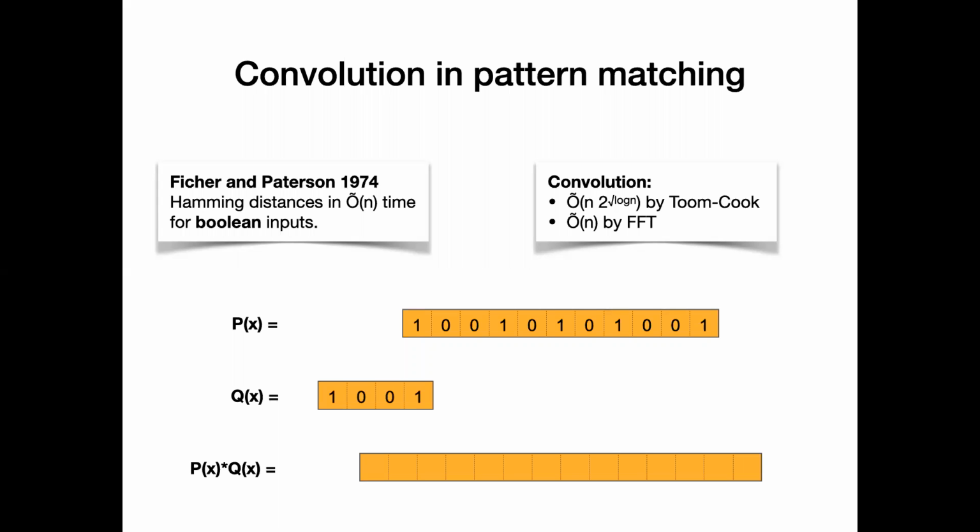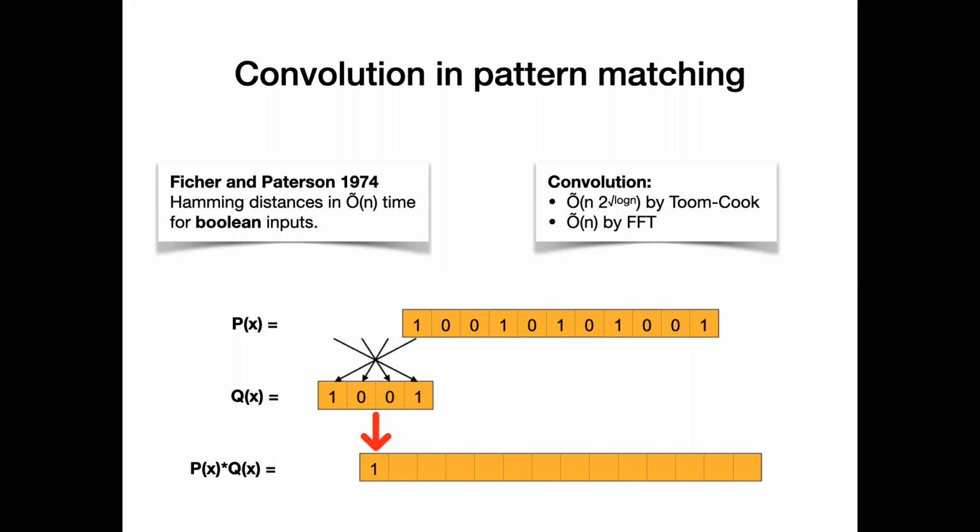Well, if we have our two Boolean words and we think of them as polynomials, I represent my Boolean input as a polynomial, I represent my pattern also as a polynomial, and I just multiply them.